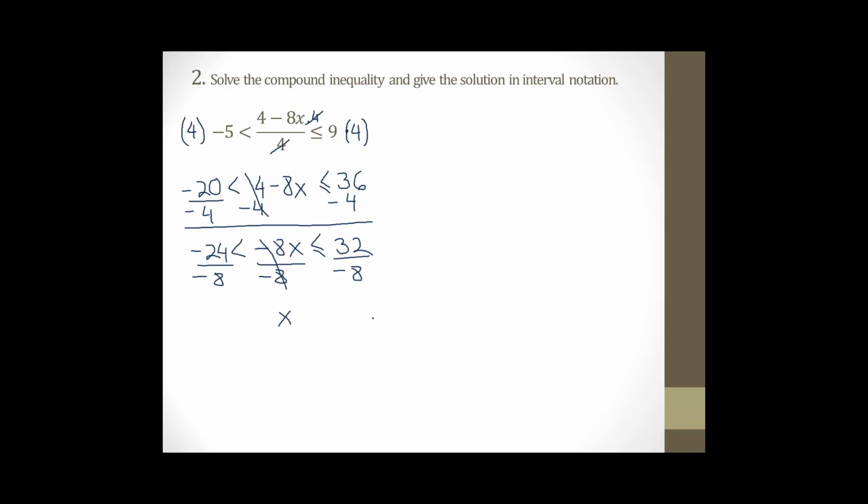So what happens if I multiply or divide by a negative number? I cannot forget that, and you're probably going to be tested on that. So your question on the test most likely is going to have this kind of rule in there. So can you guys type into the text box what happens, or what do I have to do when I divide or multiply by a negative number?